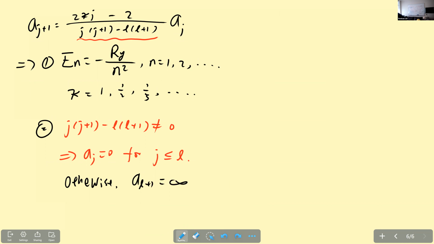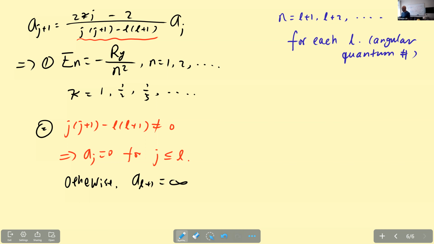So this M should equal L plus 1, L plus 2, and so on and so forth, for each L, for each angular quantum number.